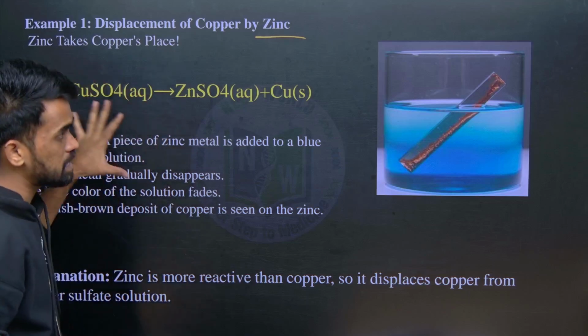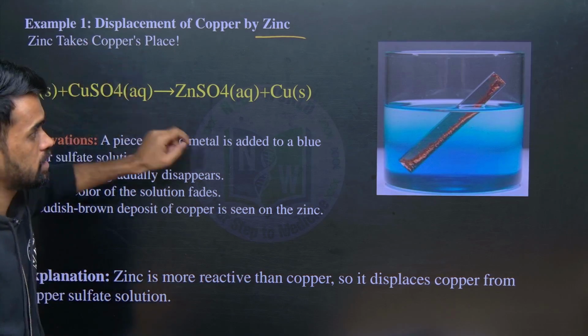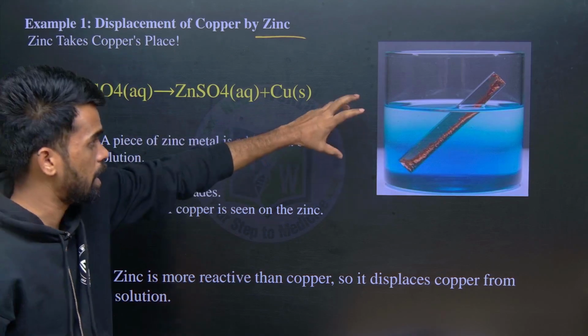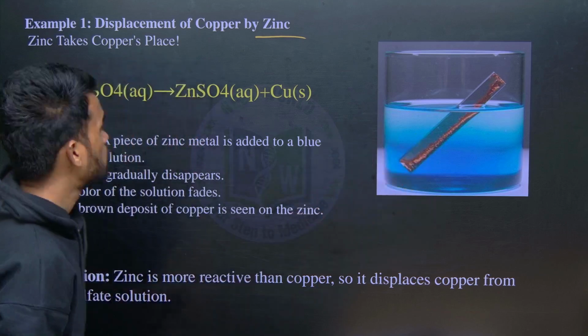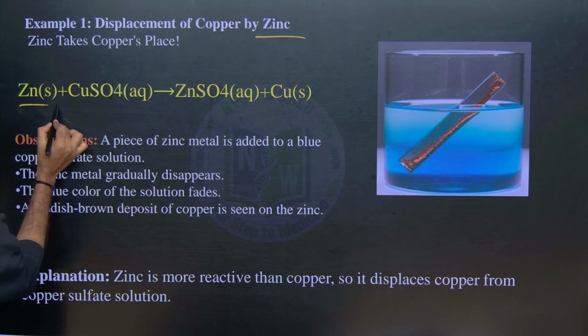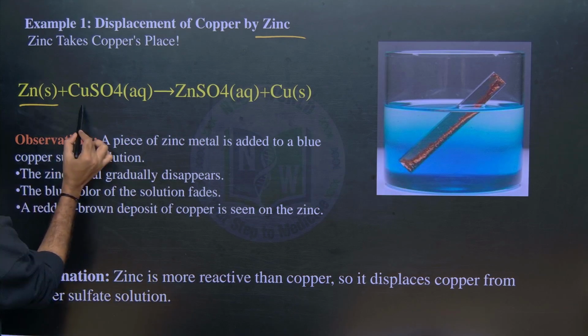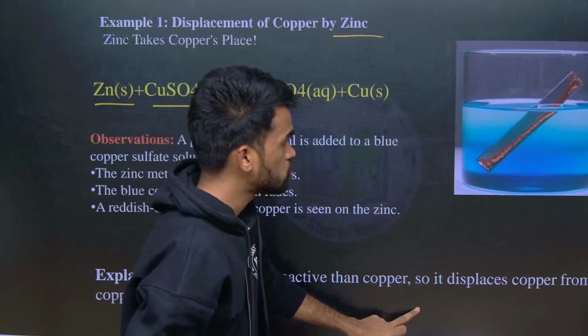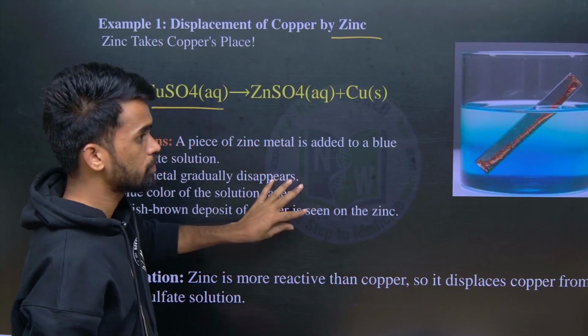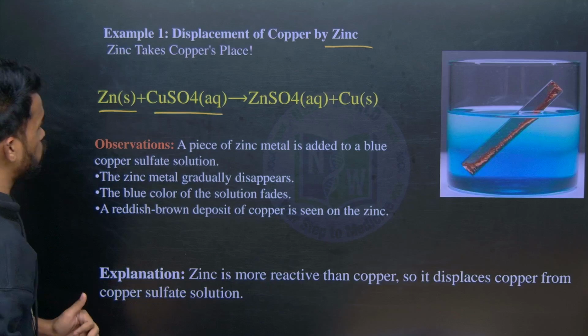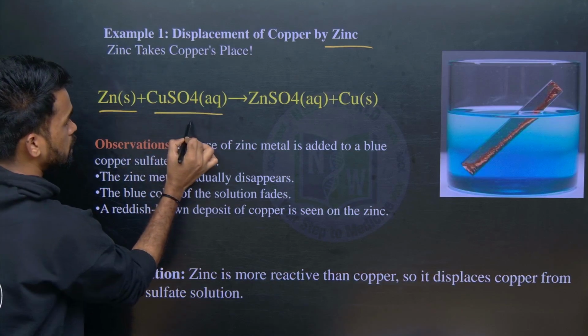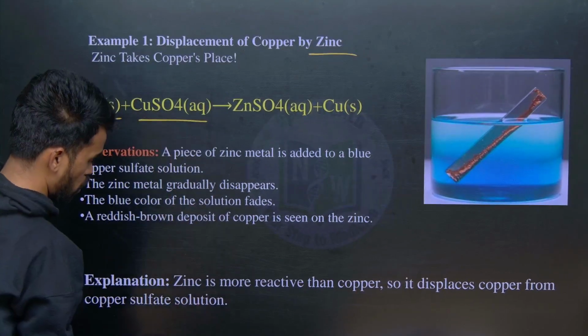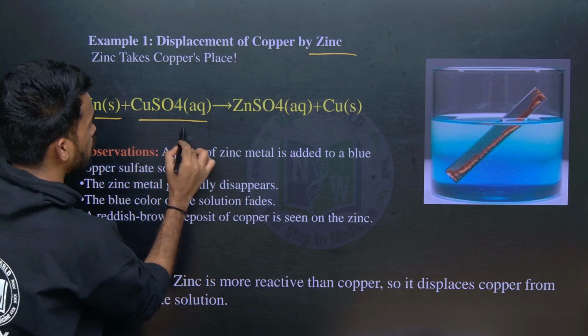First of all, let us discuss this reaction, then we will look at the experimental observation. Look here. We have a zinc metal, and we have copper sulfate solution. Copper sulfate solution is a blue color solution.